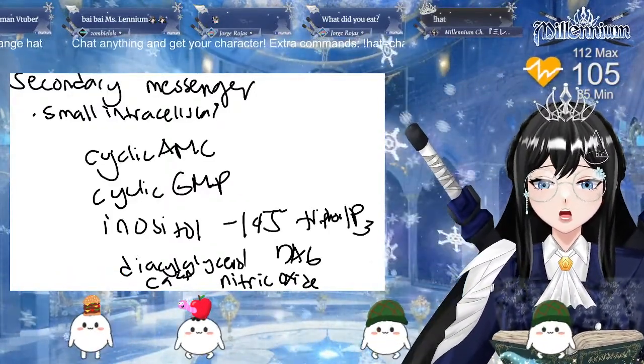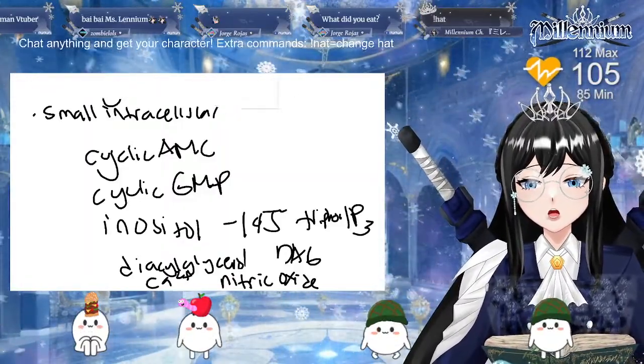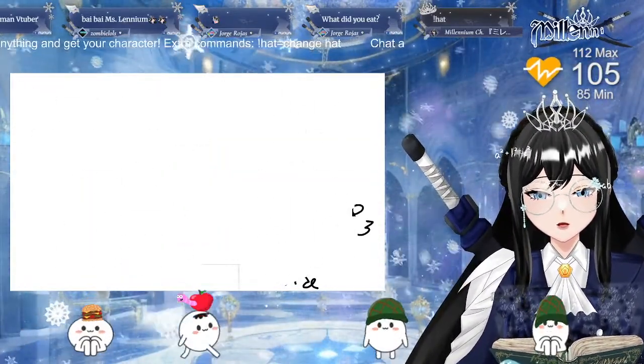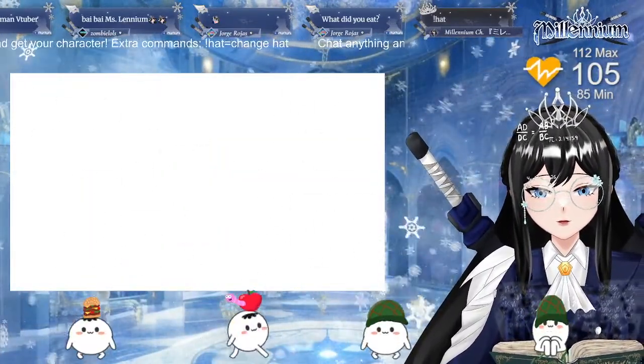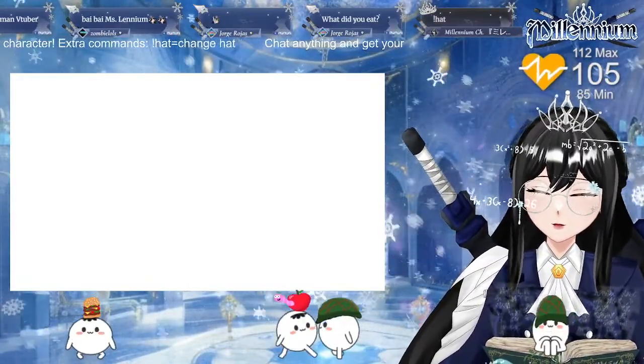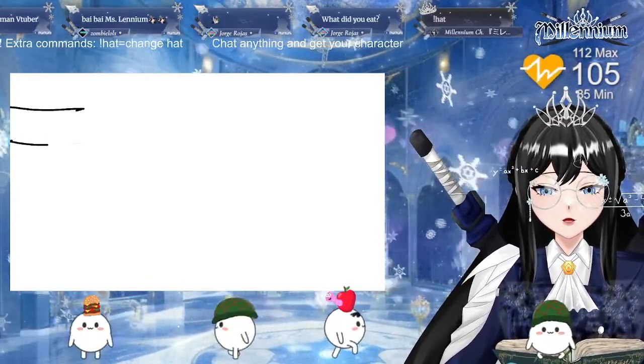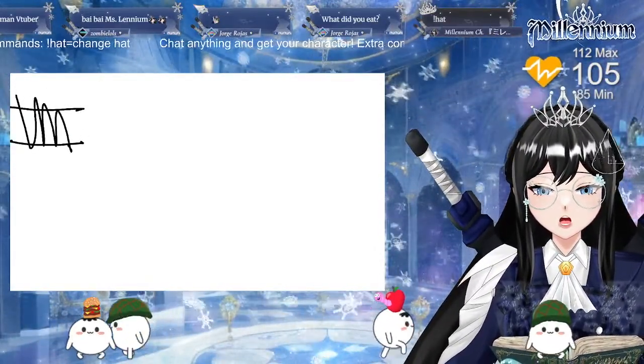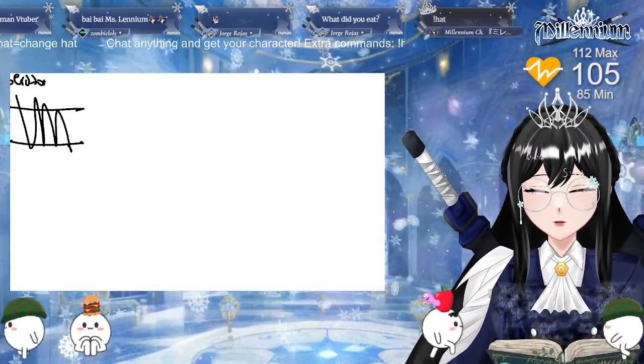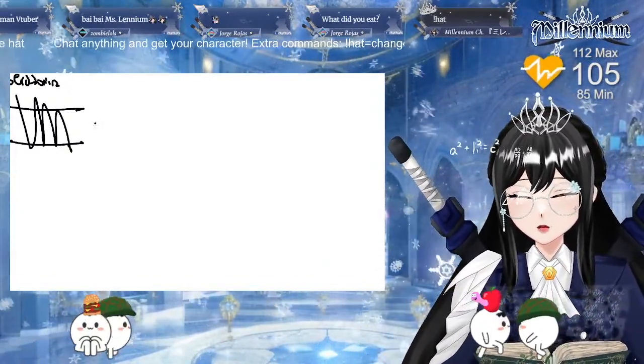So I will try to draw this one a little bit. This is a review. So again, we have the GPCR over here. Serotonin is here at the neuronal membrane.